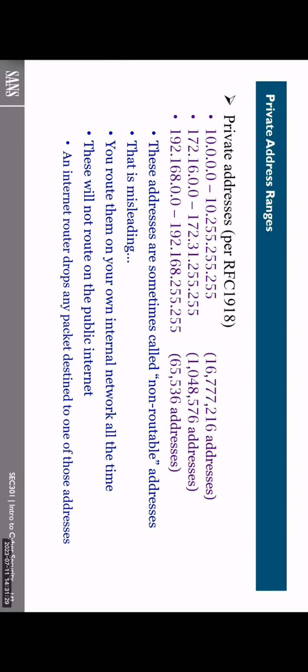RFC 1918 defines anything that starts with 10 dot as a private IP address. That means it's not routable on the public internet. And 172.16 through 172.31 is also a private range, which is less common than the other two. 10 dot is the most used, followed by 192.168 dot whatever.